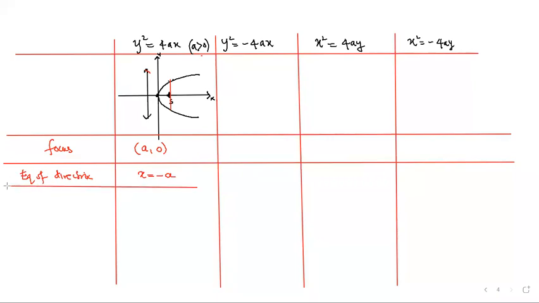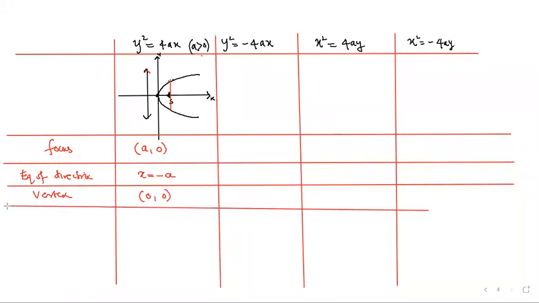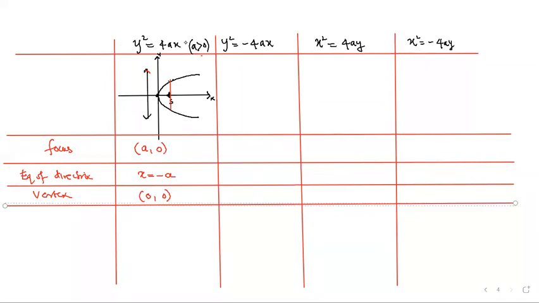Then you must know the vertex of this parabola. The vertex of this parabola is the origin. Then you must know the axis of this parabola. Axis means axis of symmetry, which is the x-axis. And its equation is y equal to 0. You know that the equation of the x-axis is y equal to 0.